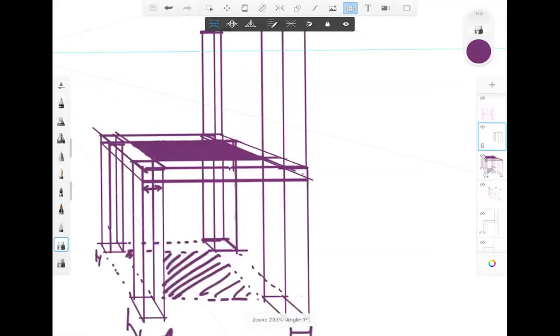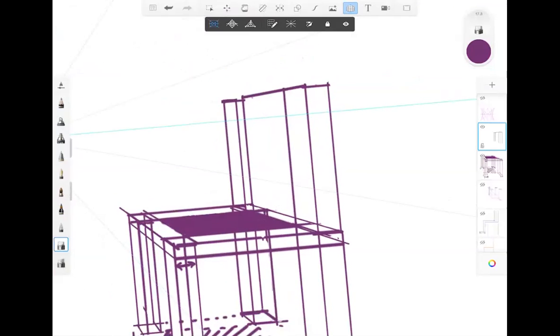Now back here on the back, we could definitely leave this here, in which case the back of the chair would fall back behind the legs. We can see this edge here, so that tells us that this is backwards.